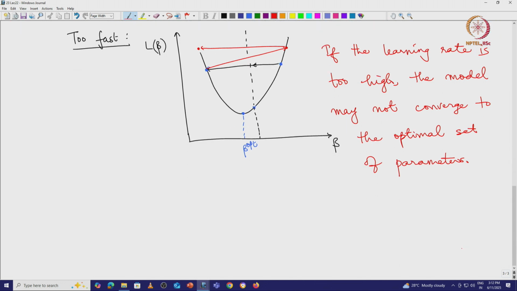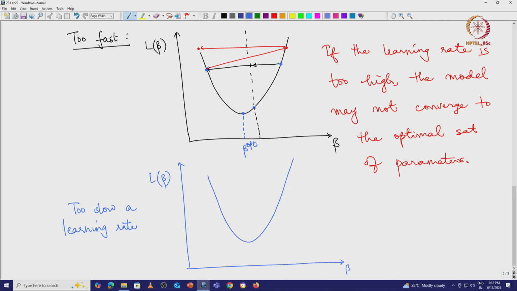The next case can be when the learning rate is too slow. In this case, let us say again we plot L beta as a function of beta, and we are going to assume the same shape of the loss function as a function of the parameter, and again we are starting somewhere here.